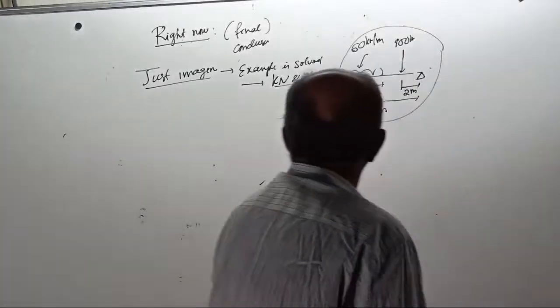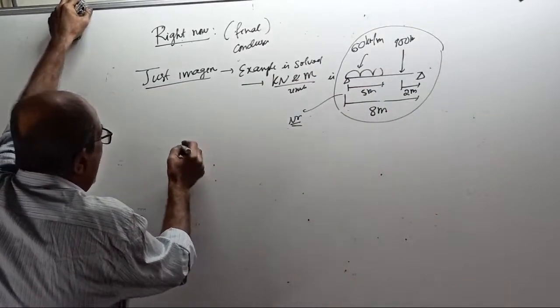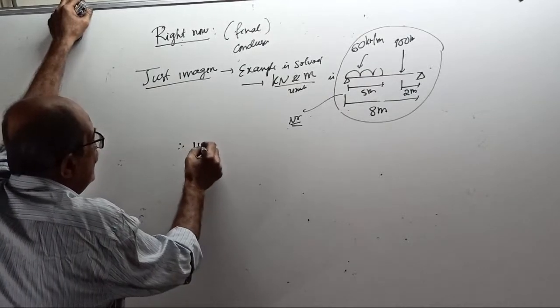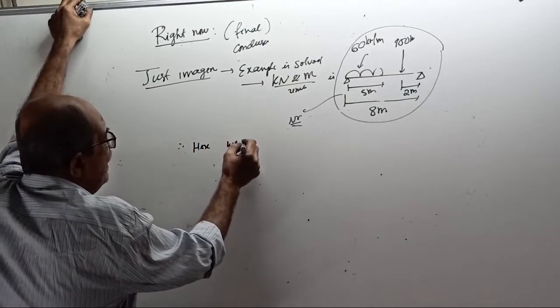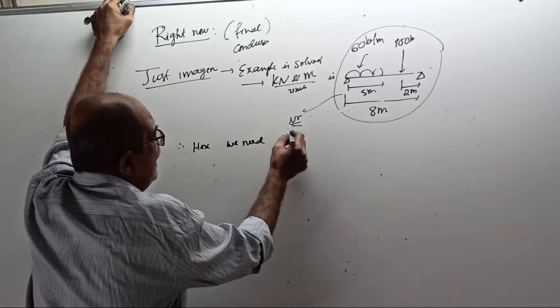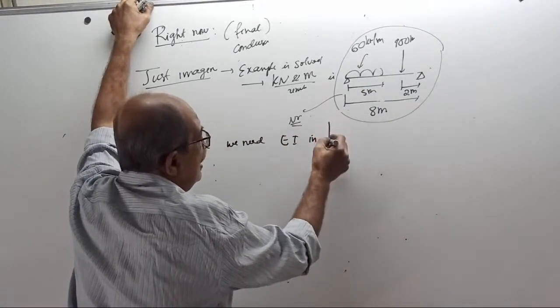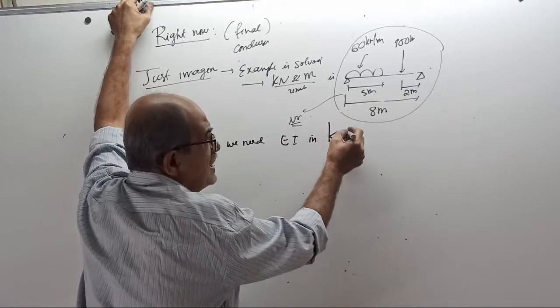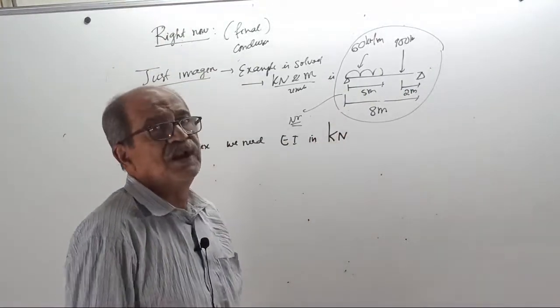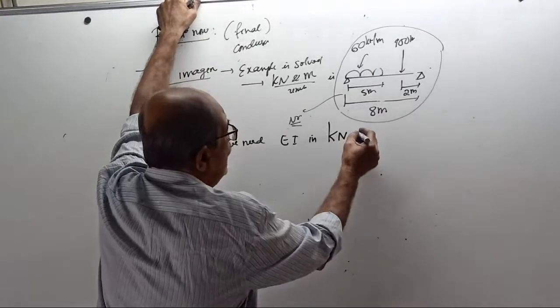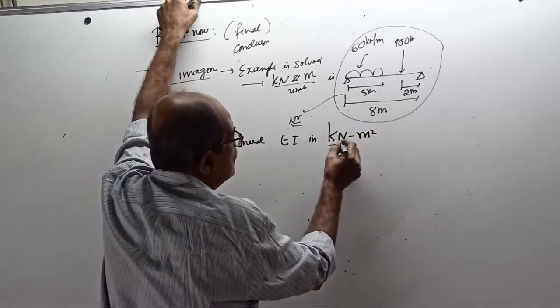Therefore, here we need EI in what? In kilonewton. I will ask the students, per what? Sir, no per. Good. Kilonewton meter square we want.